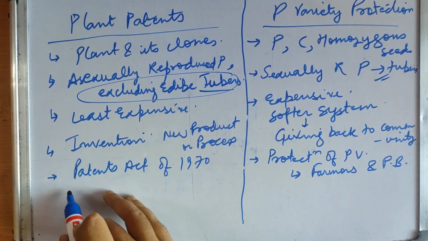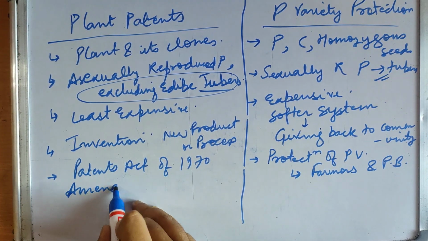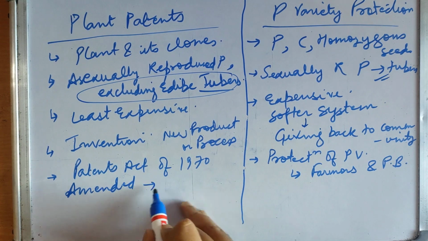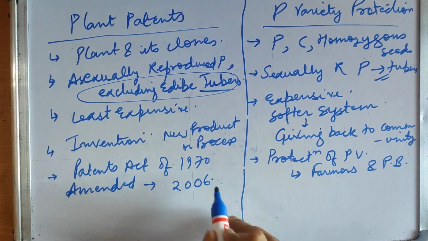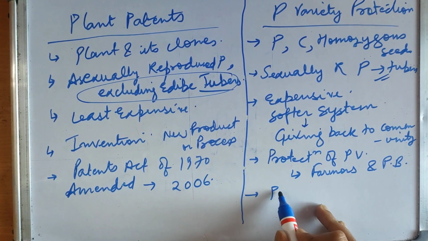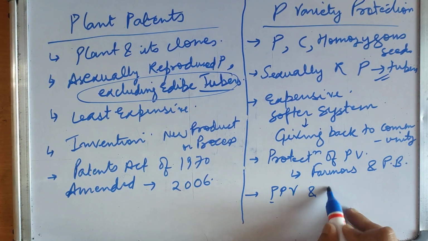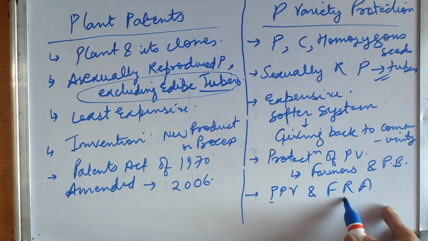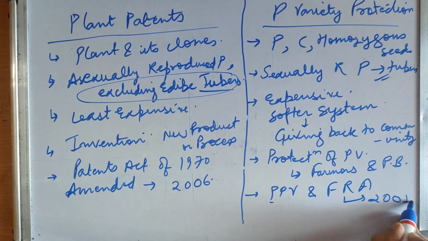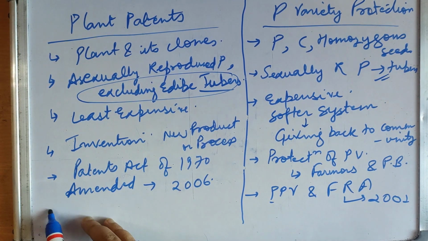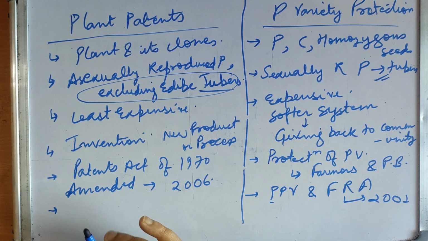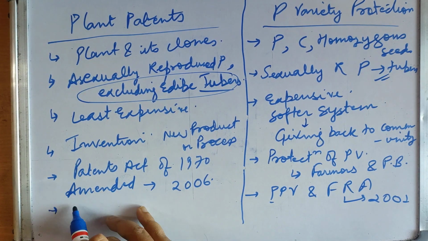I hope you all have studied polity, so you know what amendment is. Amended in 2006. Plant variety protection is governed by the Protection of Plant Varieties and Farmers' Rights Act of 2001. A patent is under the Ministry of Commerce and Industry.